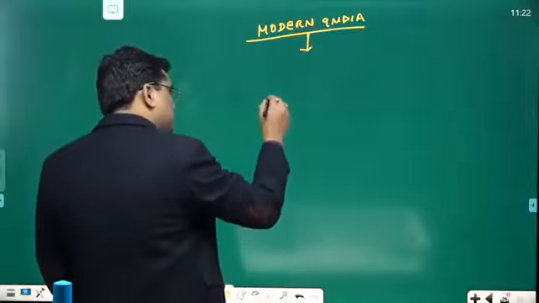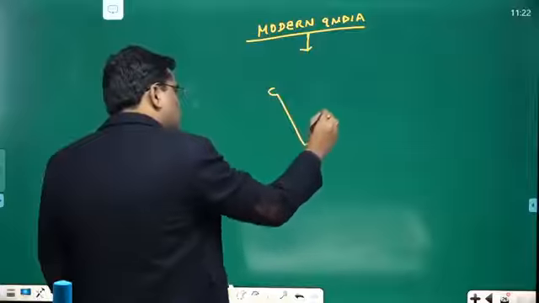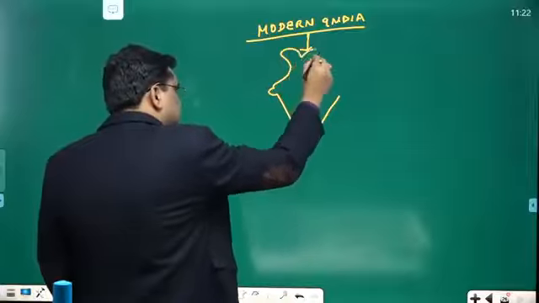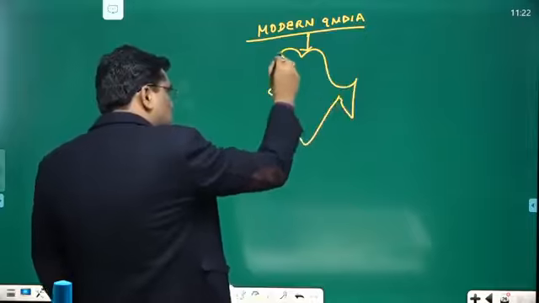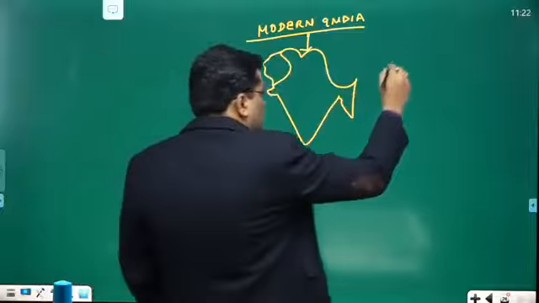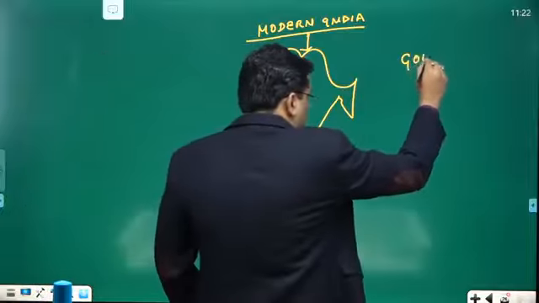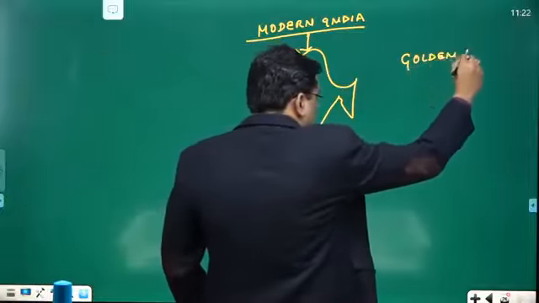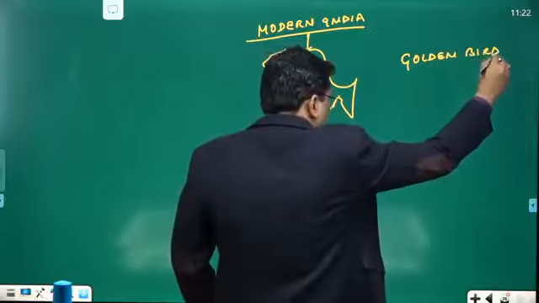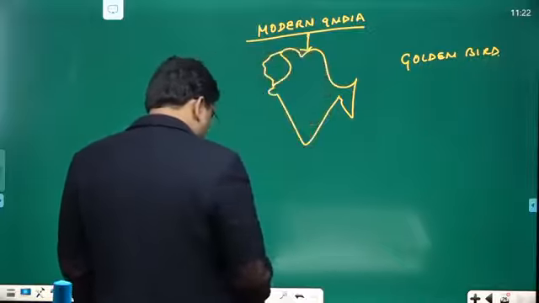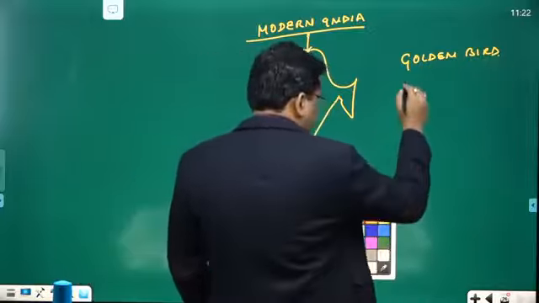Look, India was known as the Golden Bird. Since we have studied ancient India, India is known as Golden Bird because of its material prosperity.